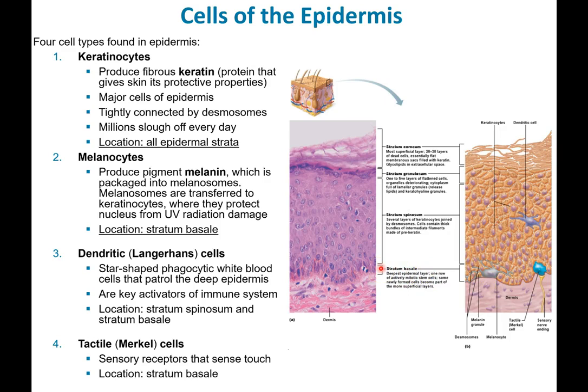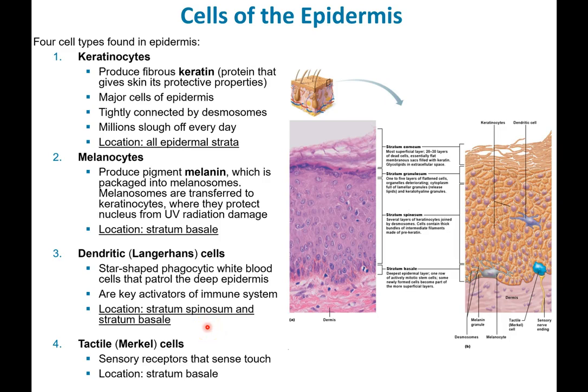The third cell type is dendritic or Langerhans cells. They are star-shaped, phagocytic white blood cells that patrol the two deepest layers of the epidermis. That is the stratum spinosum and the stratum basale.